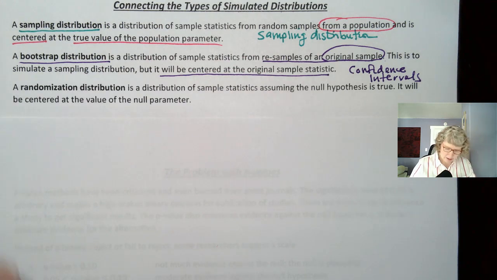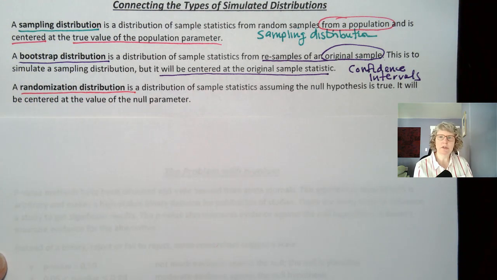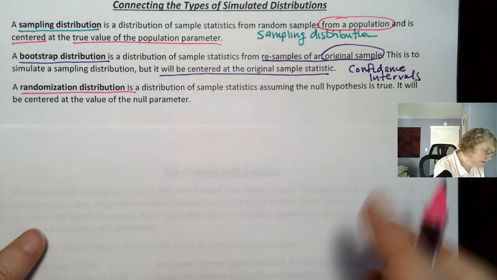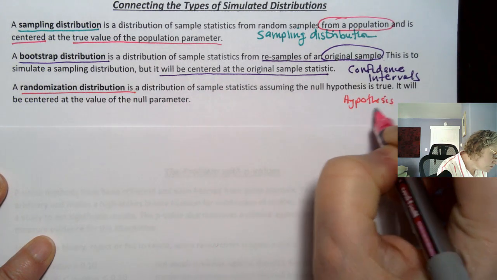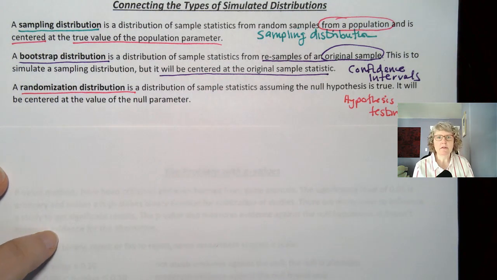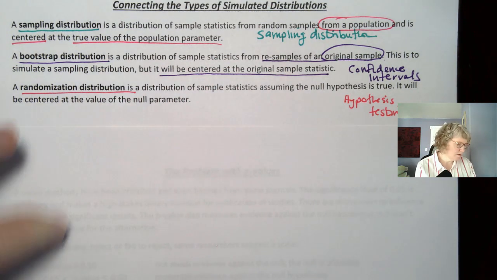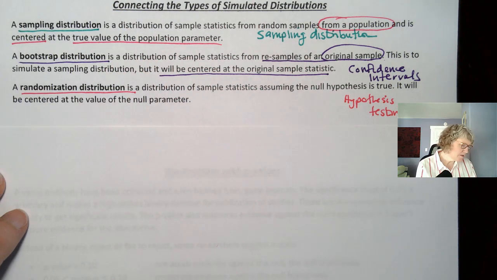And then the third thing we've done more recently is a randomization distribution. We used this for hypothesis testing. This is a distribution of sample statistics, so that thing is the same for all of these. The distribution of sample statistics.